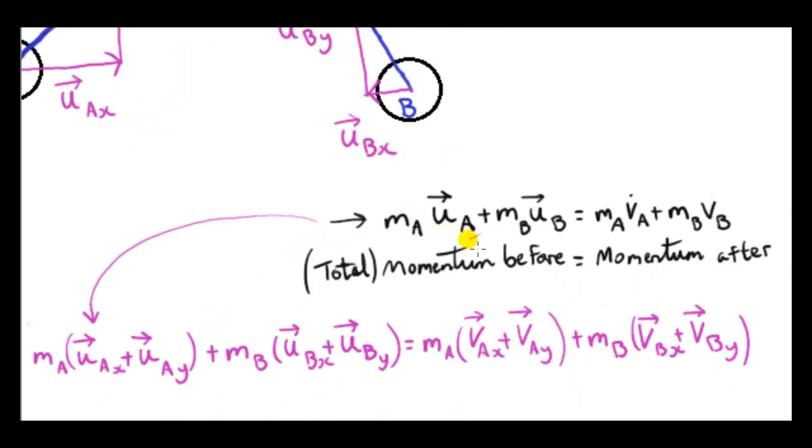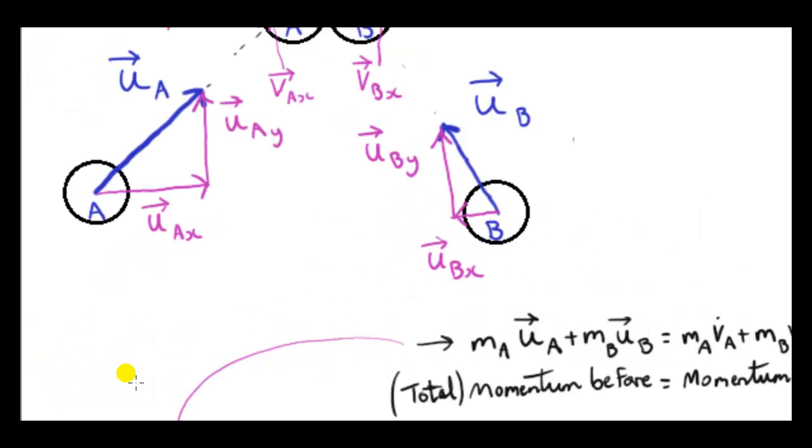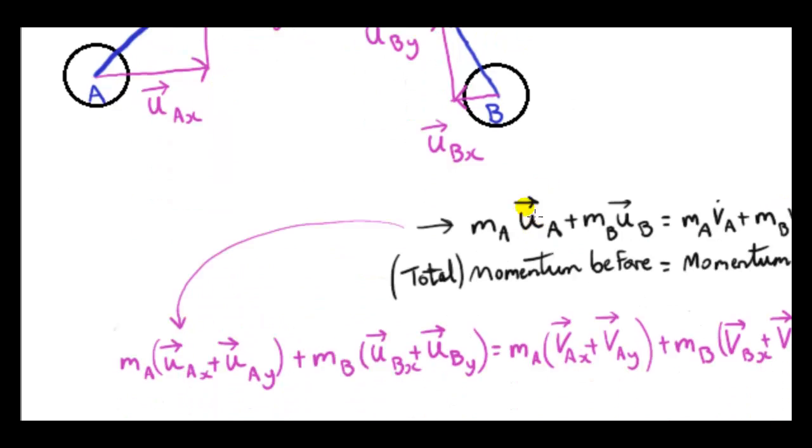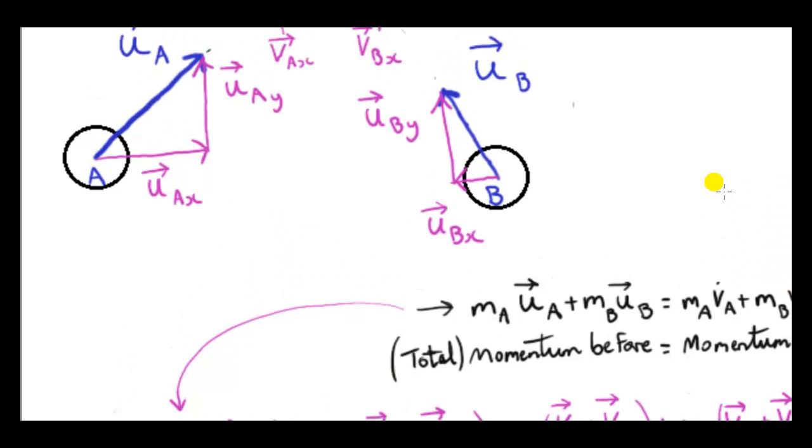So we can write the momentum of sphere A before the collision like this here. The momentum of sphere A before the collision is in the direction of the velocity. We just multiply the initial velocity of A by this scalar, we scale it by the mass. So momentum is a vector quantity. It's pointing in this direction. But when we break the velocity vector into its two components, we can write vector UA as the sum of its two components. By the triangle law, we just sum the x and y components.